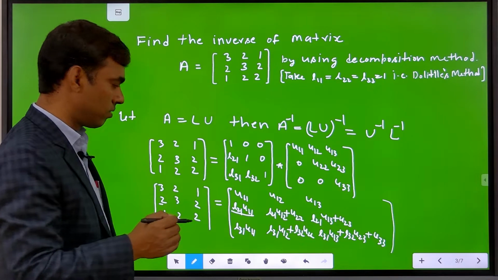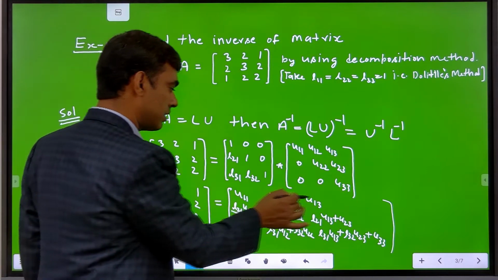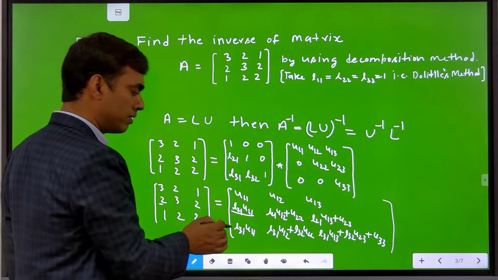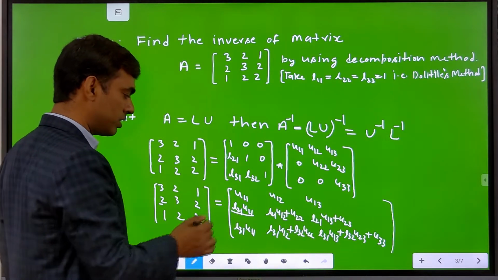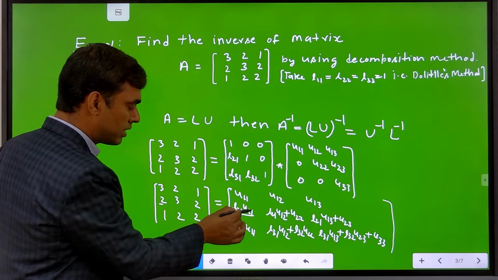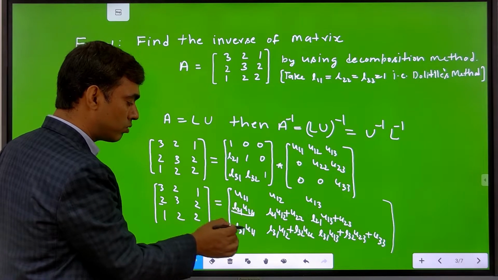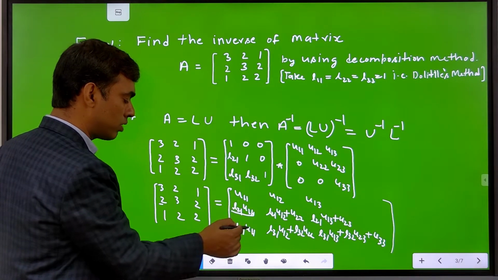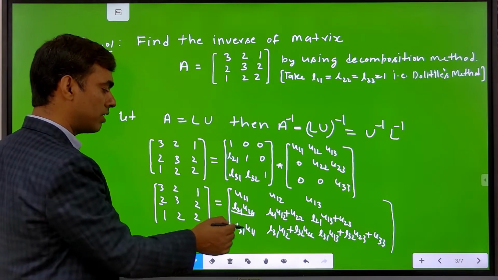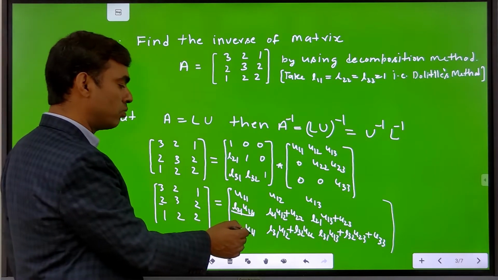What procedure do we follow here? First we compare the elements of the first row, then the elements of the second row, then the elements of the third row. Because if you closely observe, to find the value of L21 there is a need for the value of U11. If you try to find a random value, like comparing L31 U11 equal to 1, then you are unable to find the value of L31, because there is a need for the value of U11.